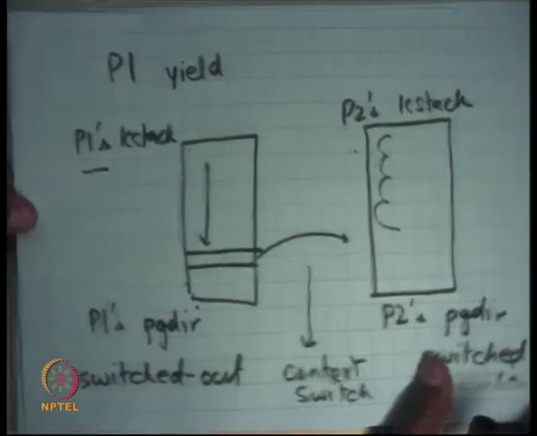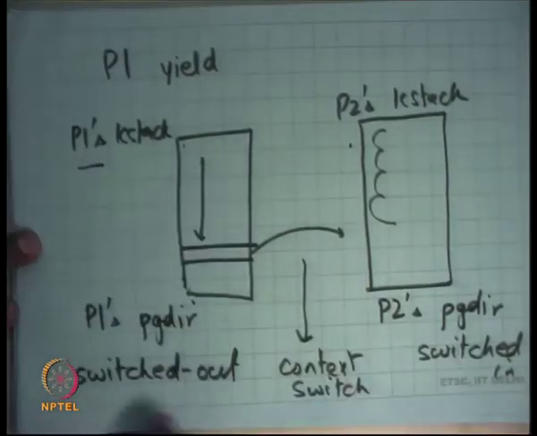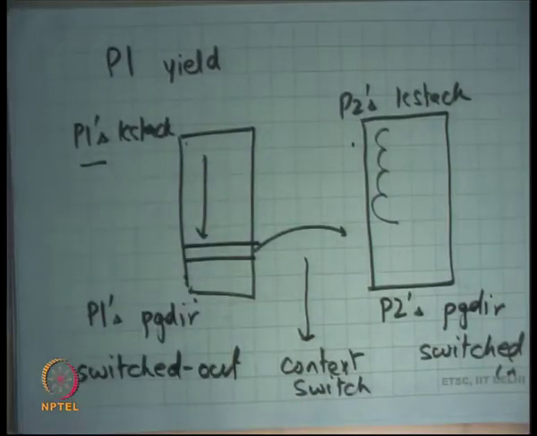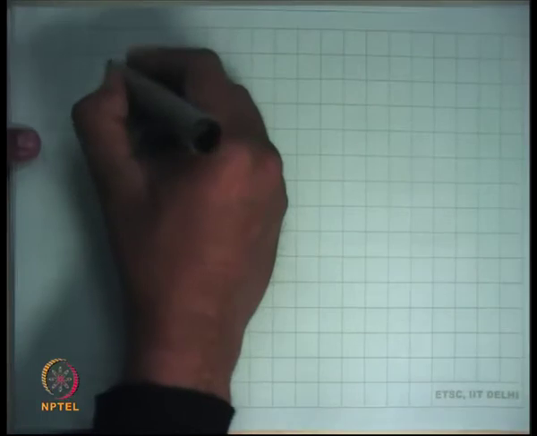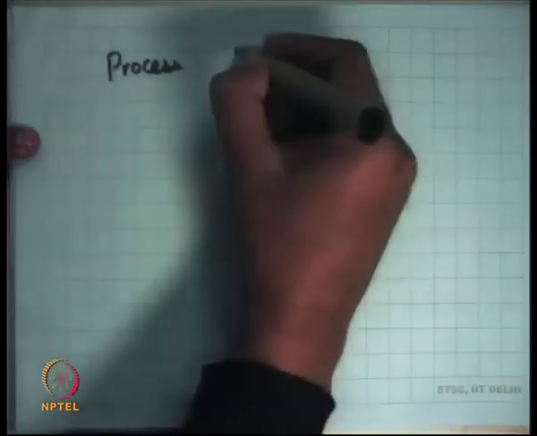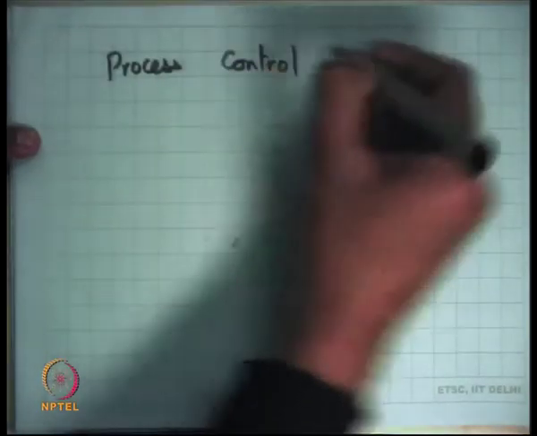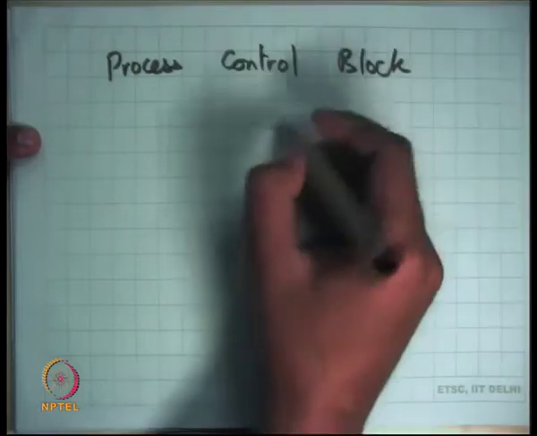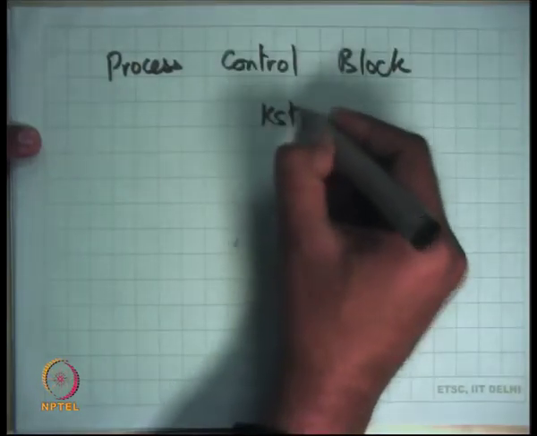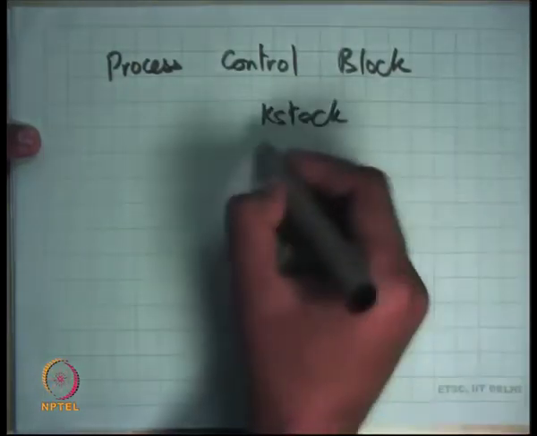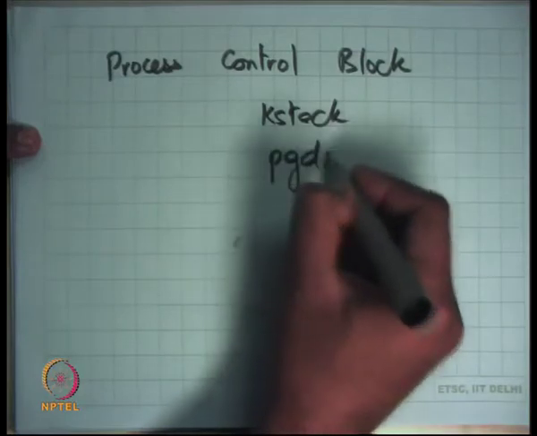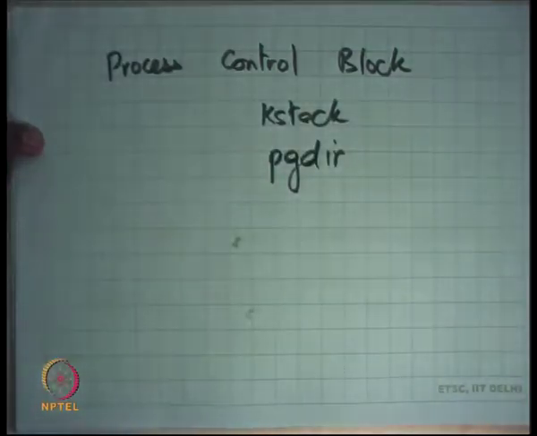So this list, which contains all these process states, is basically the list of PCBs, right. So typically the process control block will have a pointer to its K stack and a pointer to its page directory, right.